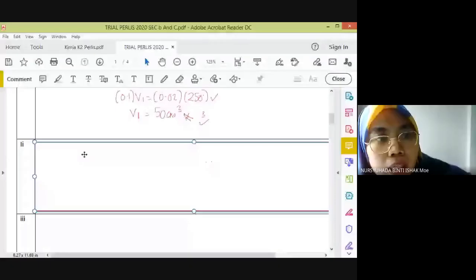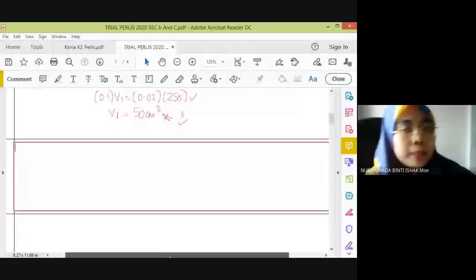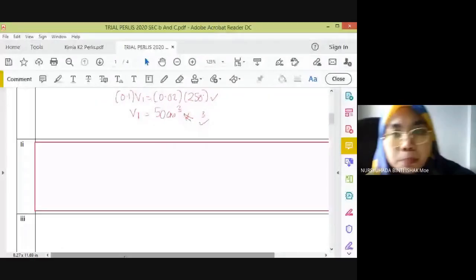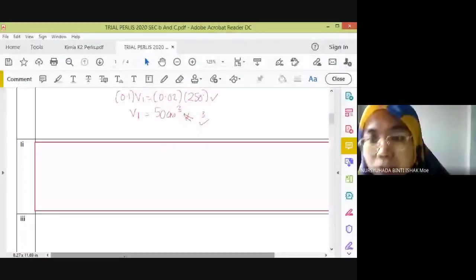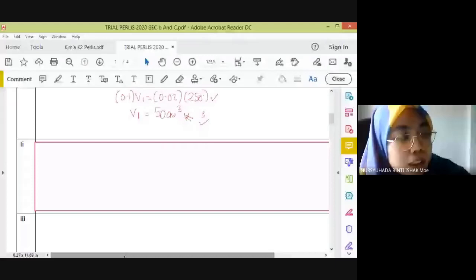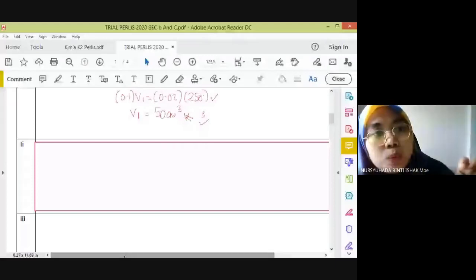So predict first. Kalau kertas 2, kalau predict dia boleh tulis less than bla bla bla, more than bla bla bla. Betul tak Puan Juliani? Betul. Kalau paper 3, kalau dia minta kamu predict, wajib tulis the exact amount.